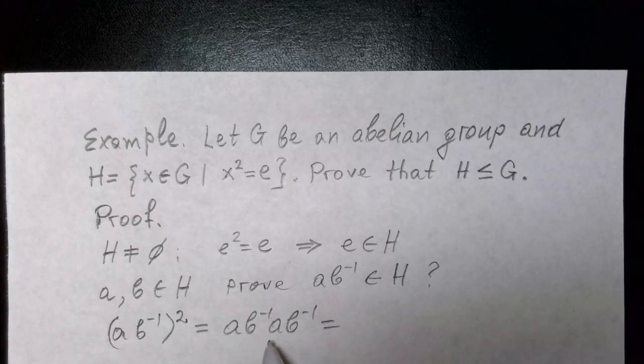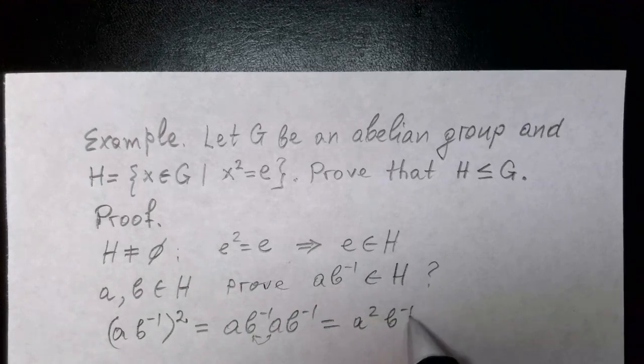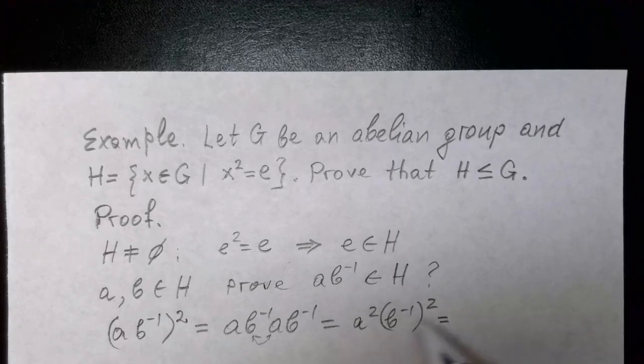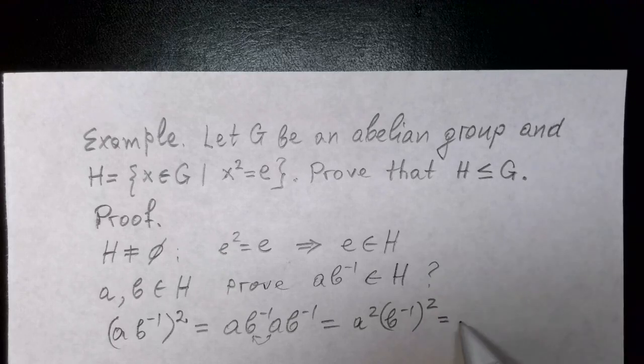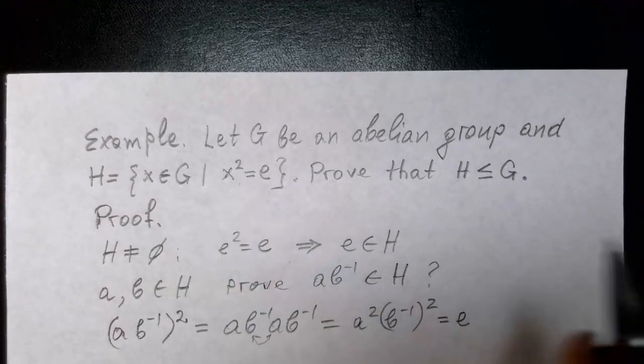But because the group is abelian, any two elements commute, so we can swap these two, and we get A squared times B to the negative 1 squared. But first, A squared is E, because A is in H. It meets this requirement.